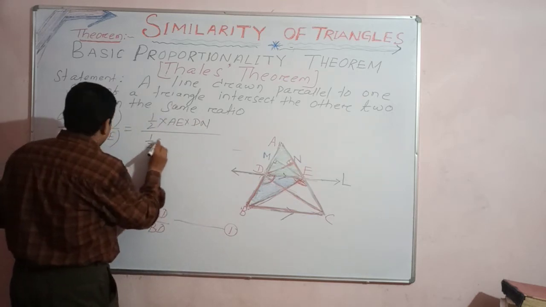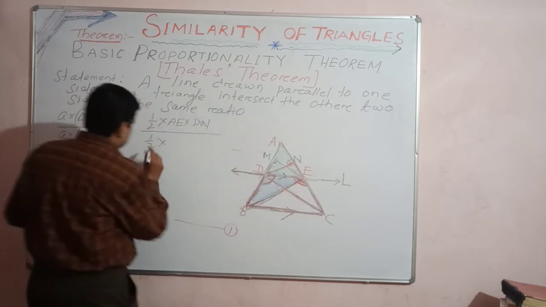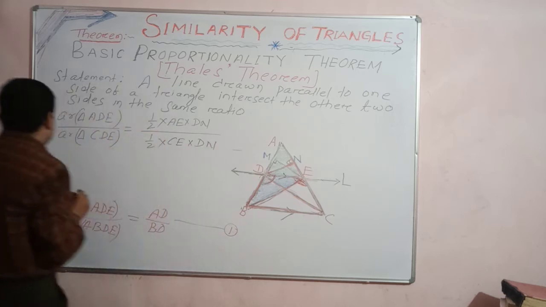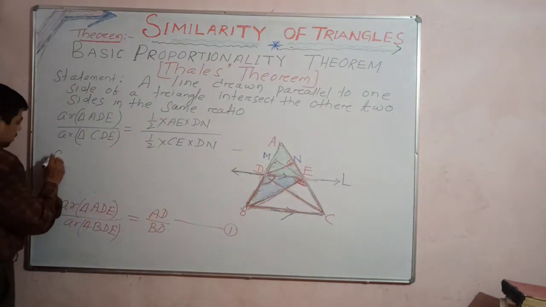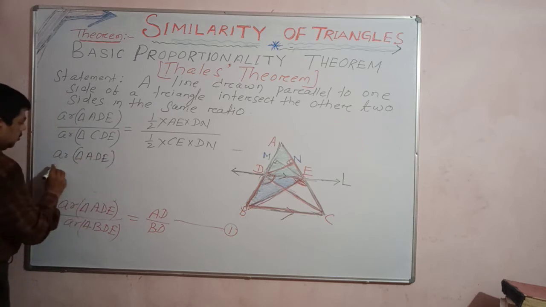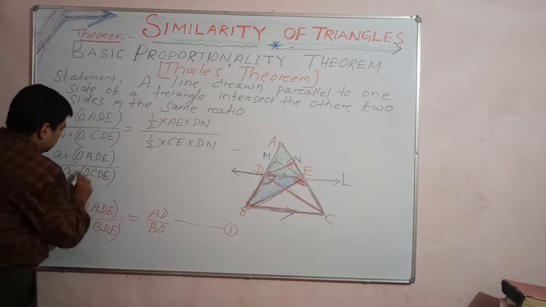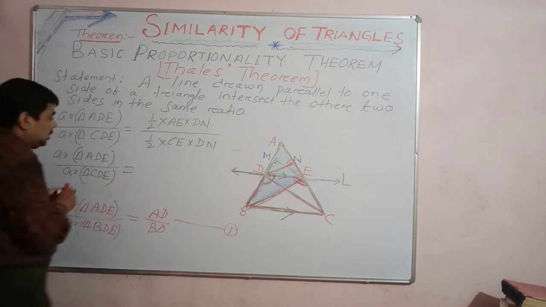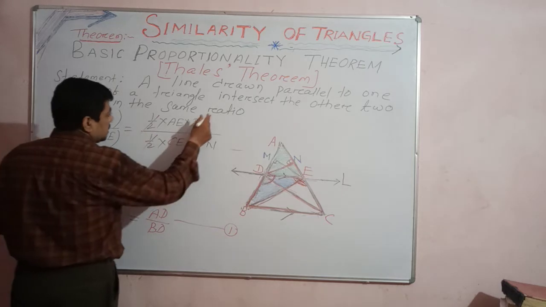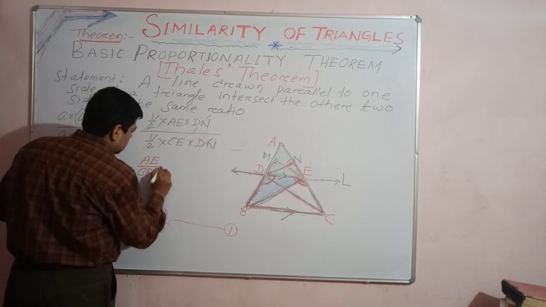Similarly, 1 by 2 area of triangle CDE, if CE is the base, DN is the height, so CE into DN. Now you can cancel 1 by 2, 1 by 2, and DN, DN cancel. It will be AE upon CE. This is the equation number 2.